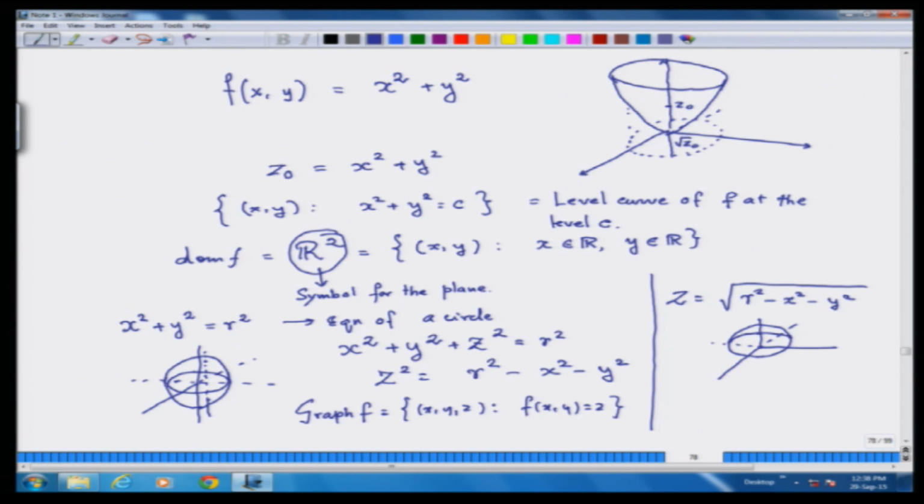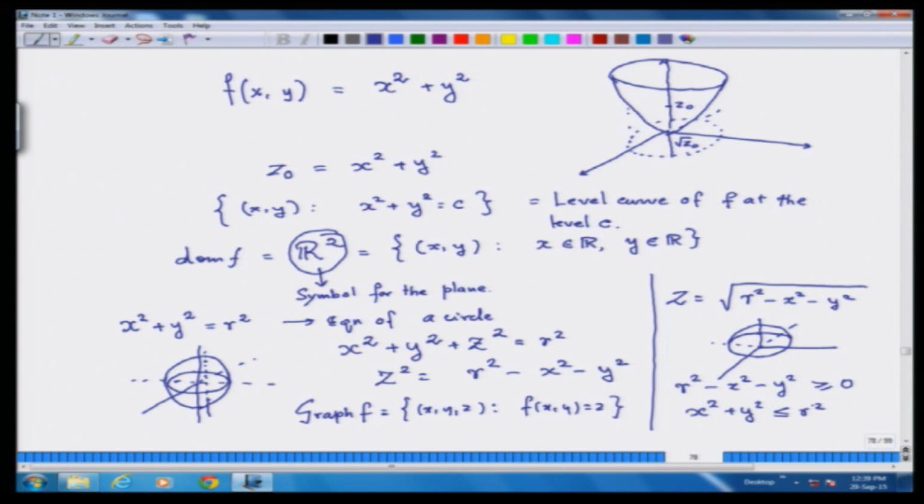Now, if you look at this very carefully, does it mean that if I put any x and y, this function will be defined? The answer is no. Here the question comes, what is exactly the domain, because in this particular function you should always have r square minus x square minus y square greater than or equal to 0, or x square plus y square less than or equal to r square.